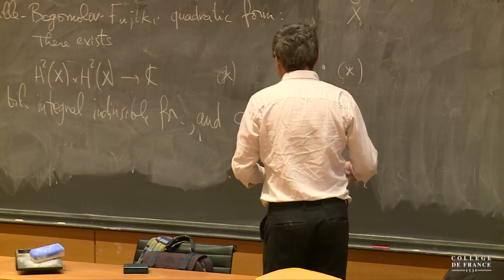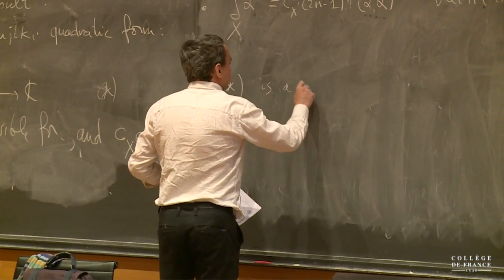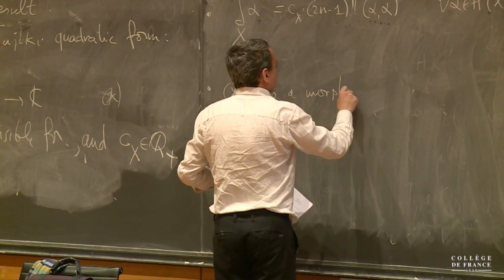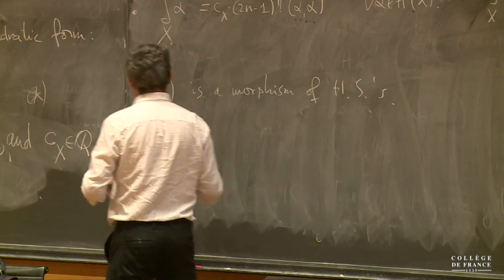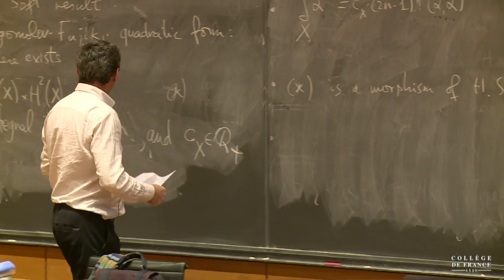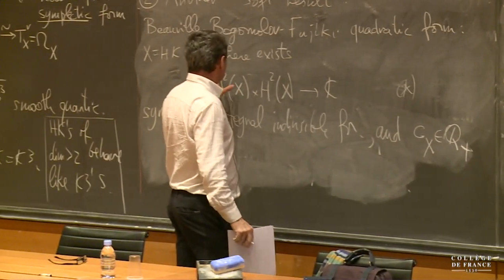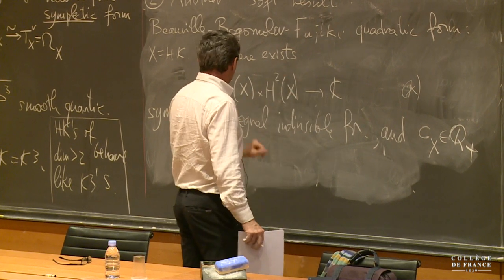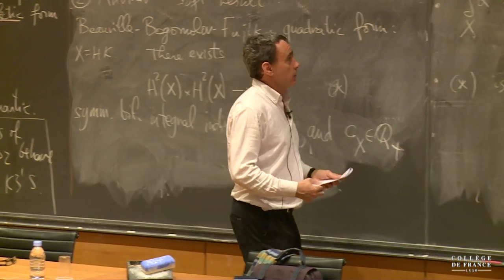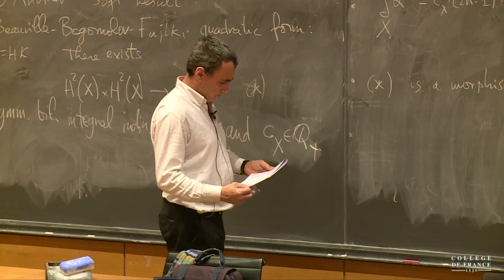Let me write down. So this is a morphism of Hodge structures. Again, that just means that H11 only pairs with H11, and so on. And then there is a sign.